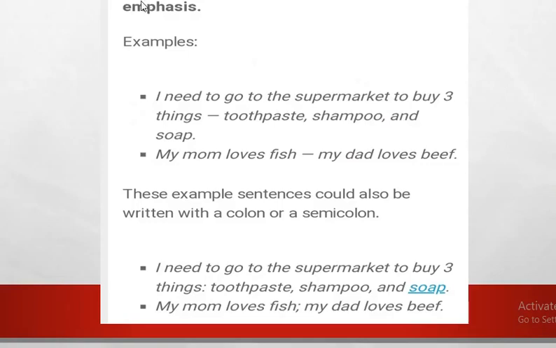The long dash is used to create emphasis. I need to go to the supermarket to buy three things. Here the em dash or long dash is used — toothpaste, shampoo and soap.